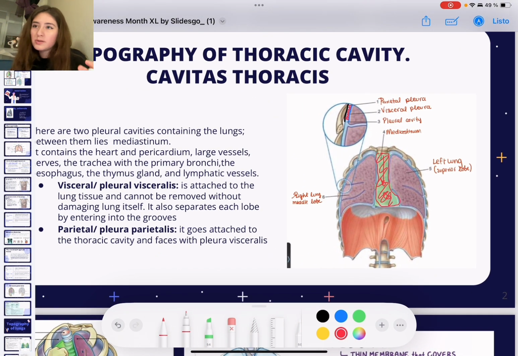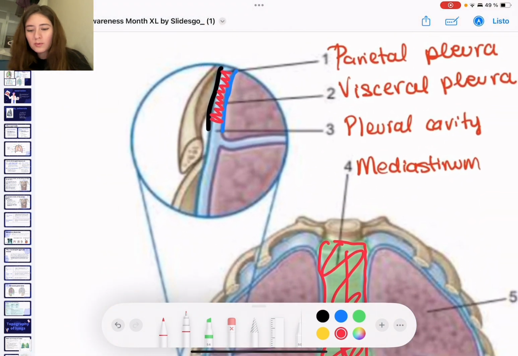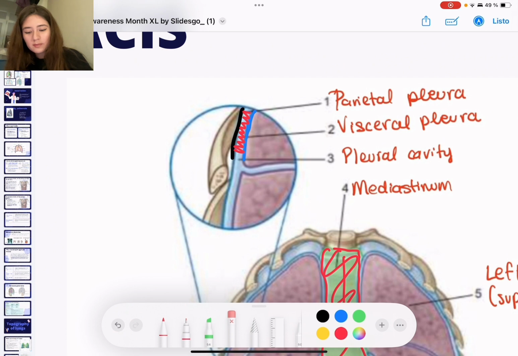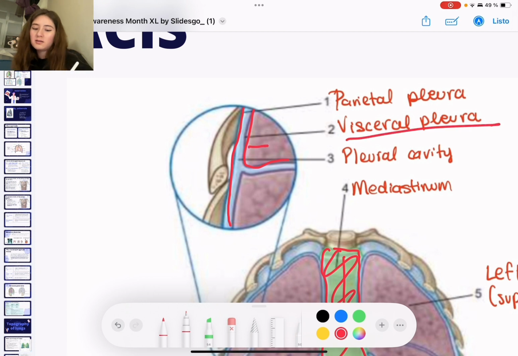We have two types of pleura. We have visceral pleura and parietal pleura. Visceral pleura is the one that covers the lung, and parietal pleura also covers the lung, but the difference between them is that visceral pleura is attached to the lung, so we cannot remove it without damaging the lung.